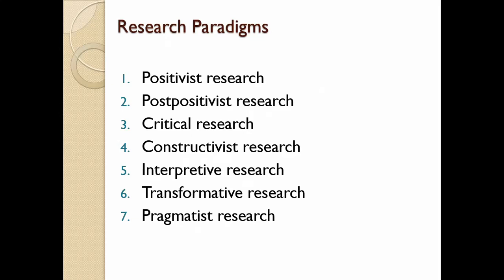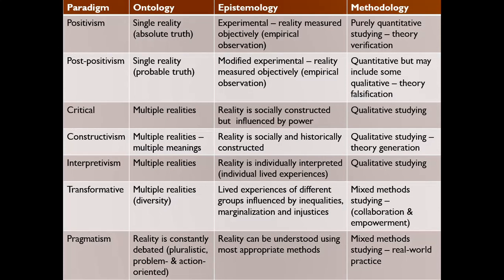We have positivists, you have critical researchers, you have constructivists, you have interpretivists, and you have transformative researchers and pragmatists. So let's take a look at these, and we factor in the other three aspects of a research paradigm.